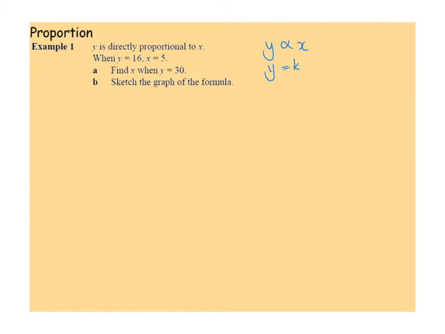And that means I need a constant of proportionality. So y is equal to kx. And then they tell me that 16 is the y value when 5 is the x value. So I'm substituting there.